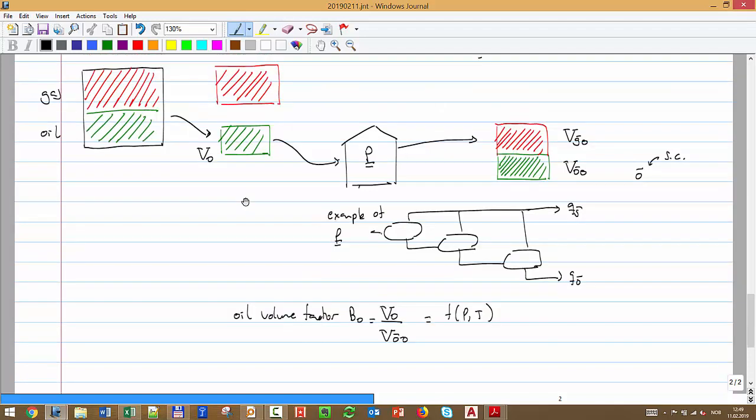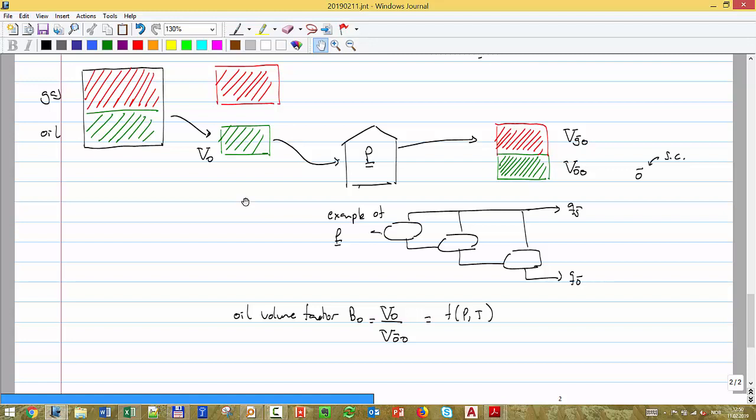So what do you think happens when I take this oil to surface? It has gas, right? So it's going to vaporize, it's going to release a lot of this gas. So what should be the ratio between these two volumes? Should it be bigger than 1 or less than 1? This volume, you just told me, is always bigger than this volume, right?